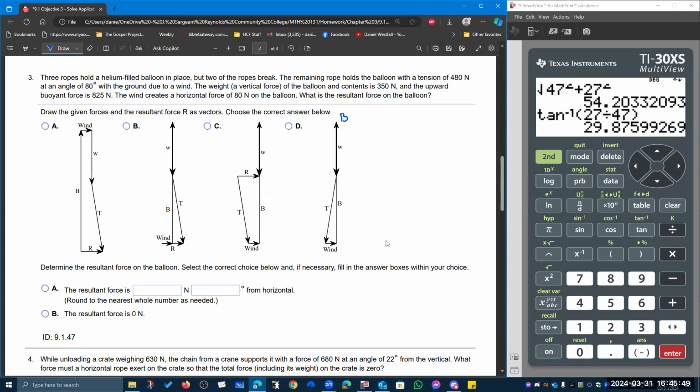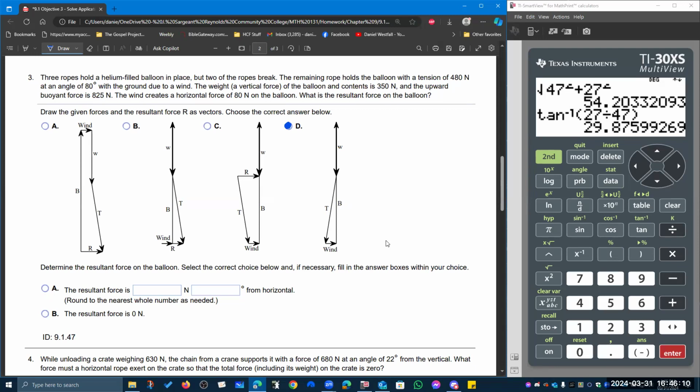This is the correct diagram here that shows the wind is coming horizontally. The tension is at 80 degrees with the ground. It's not quite vertical, but it's almost there, right?